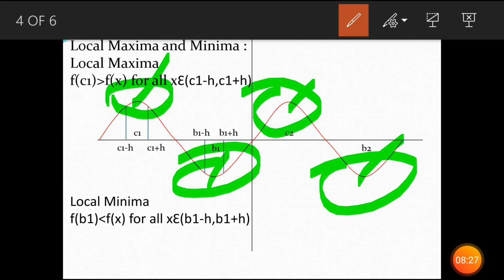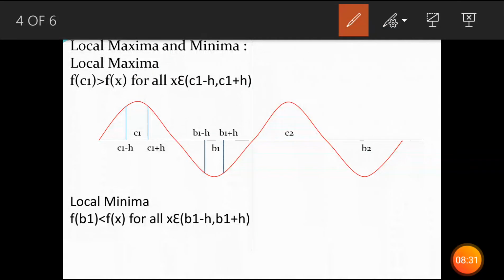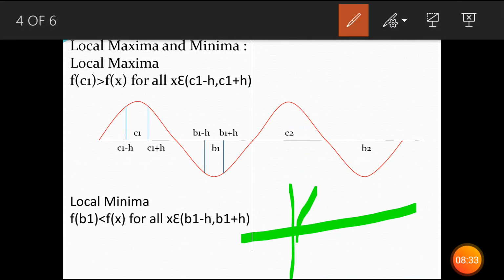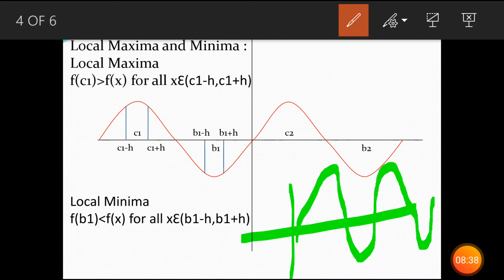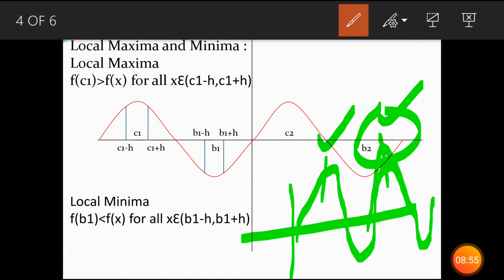Just take an example. Suppose the graph goes like this, goes like this, goes like this. Then obviously this is a local maxima, and this is also a local maxima. But if we consider both of them, this value is a little higher, so this will become your absolute maxima.